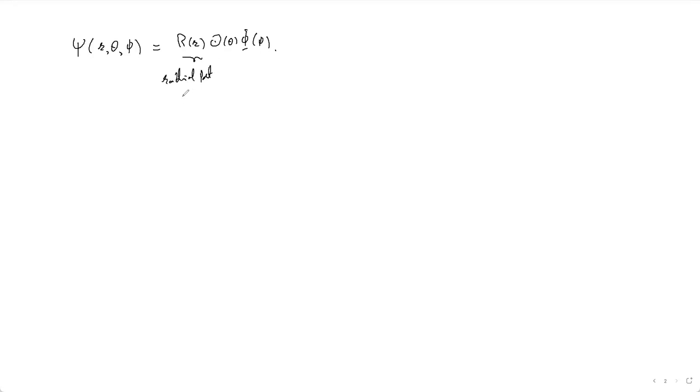It depends upon the principal quantum number n and l, where l is the orbital quantum number, not the magnetic quantum number. You have studied the different quantum numbers. Now Theta of theta and Phi of phi are the angular parts.